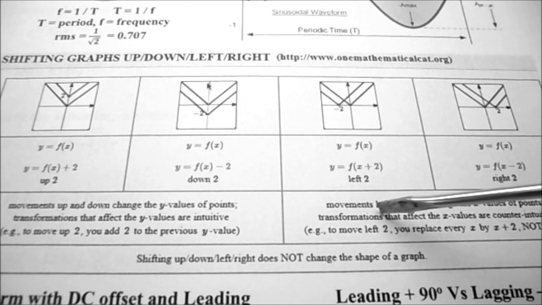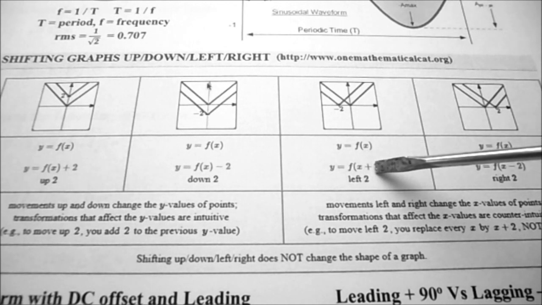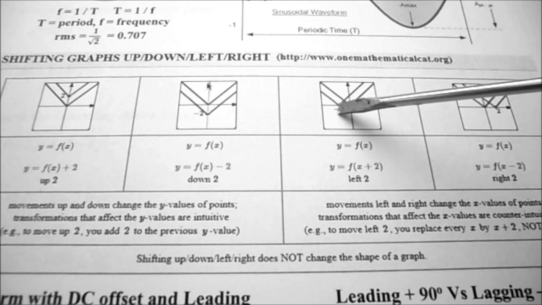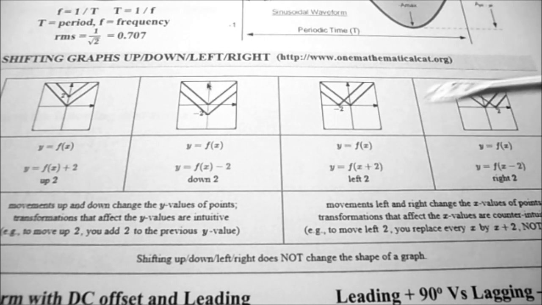So transformations that affect the x values are counterintuitive. And what that means is y is equal to the function of x plus 2, or y equals the function at x minus 2. So when we want to shift to the right, we actually subtract 2 from our function. When we want to shift to the left, we actually add 2 to the function.